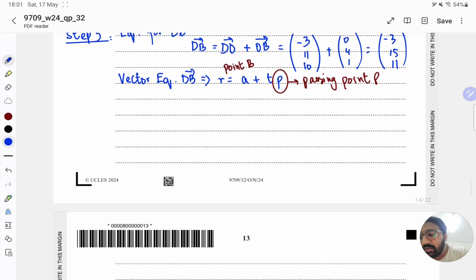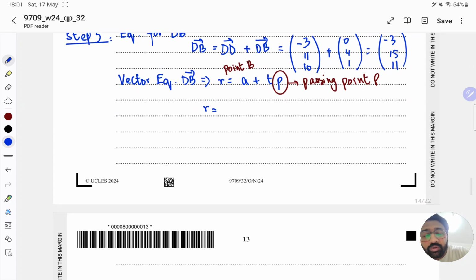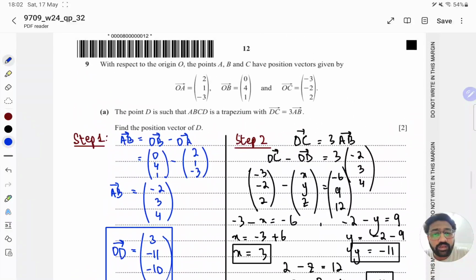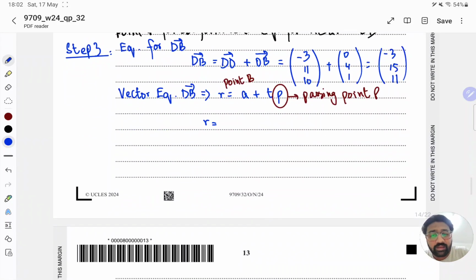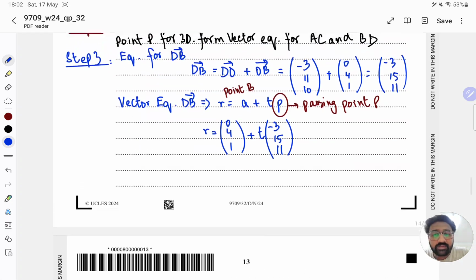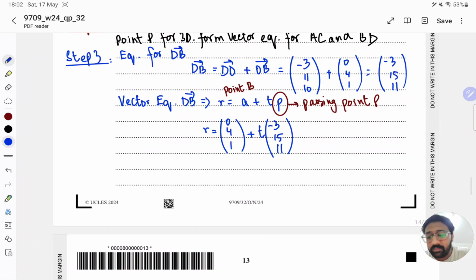Now let's form it. r will be equal to a, where a is the position vector B, which is 0, 4 and 1, plus t times minus 3, 15 and 11. This was the vector equation for DB.